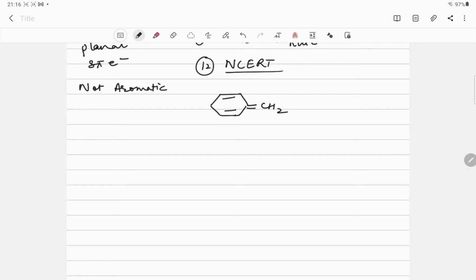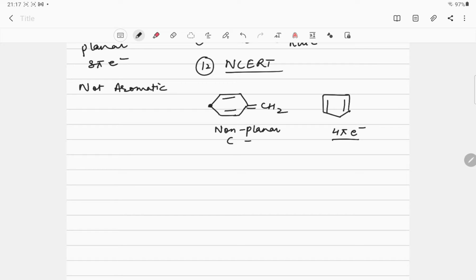The compound is not aromatic because here we have a non-planar carbon. This is a non-planar carbon, that is why the compound is not aromatic. Now there is another compound given, that is cyclopentadiene. This is again not aromatic. Why is it not aromatic? Because here the 4n plus 2 rule is not followed, as we have only 4 pi electrons. Huckel's rule is not followed.